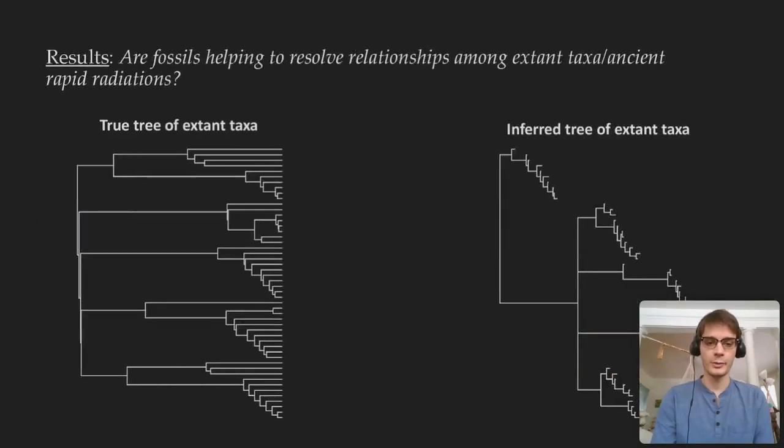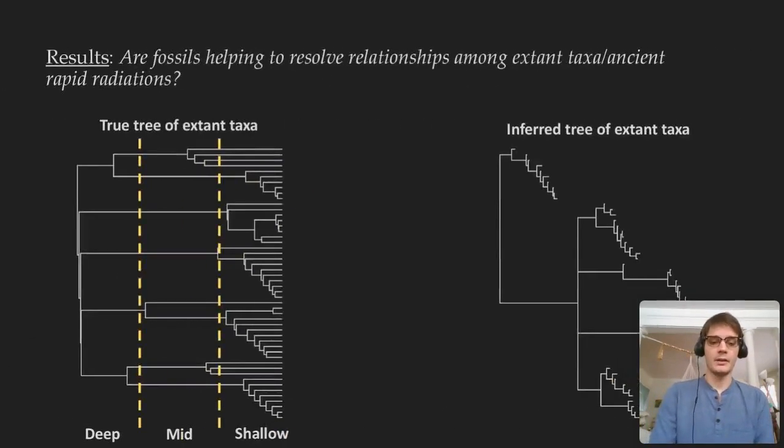So it seems that fossils and extant terminals are interacting positively with each other, and to further explore this, we asked whether fossils might be helping to resolve relationships among extant taxa and possibly even helping us resolve this set of ancient and rapid radiations that we incorporated. To test this, we subsampled our true and inferred trees down to just the extant taxa.